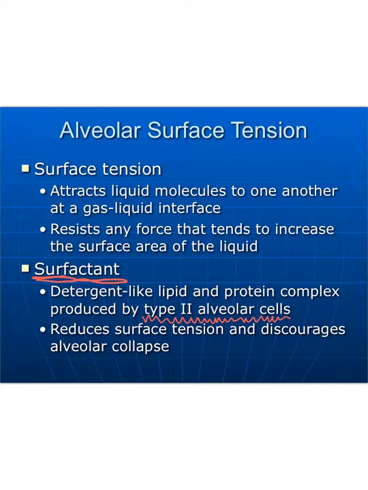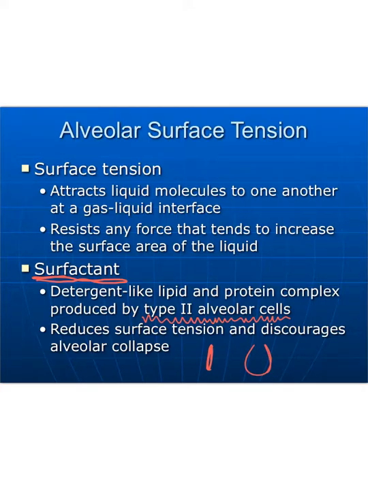So think about if you have oil or butter and you're trying to clean off a pan, you have to use some type of soap or detergent to kind of break through that layer to get that grease or the oil off. Same idea here. Okay, so it discourages the alveoli from collapsing and wanting to stick together, and makes sure that they stay nice and open.